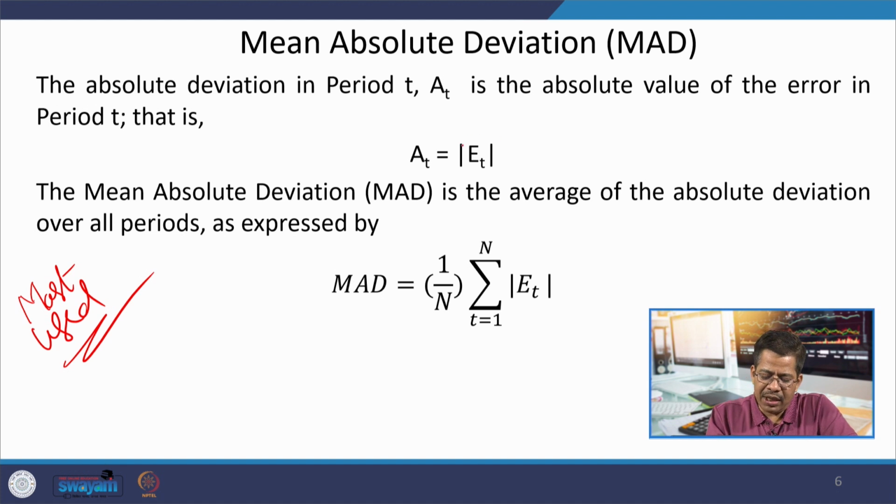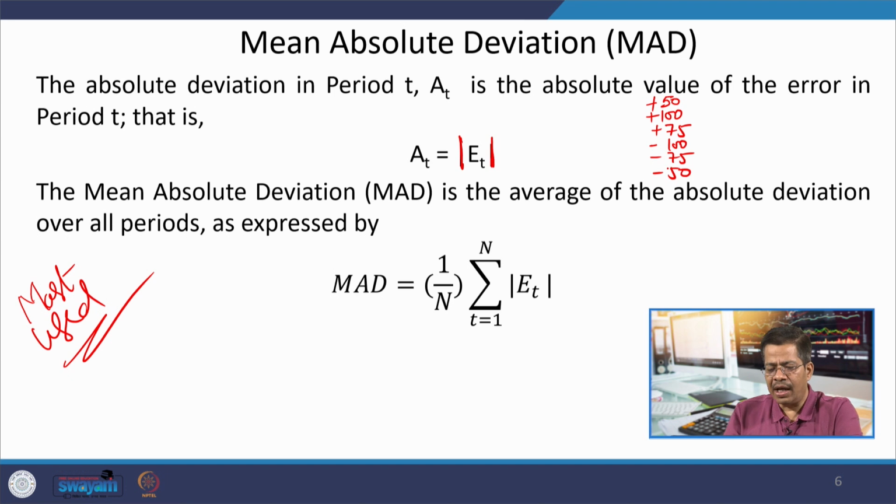So, you see that with these symbols we are considering only the absolute value of our forecasting error. So, if data is like plus 50, plus 100, plus 75, minus 100, minus 75, minus 50.